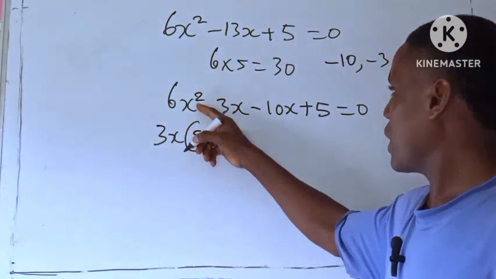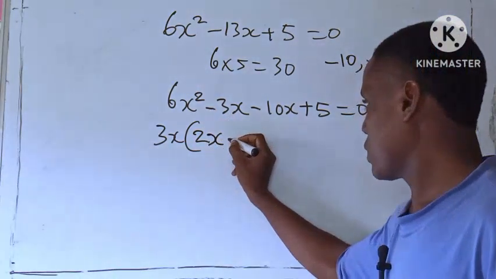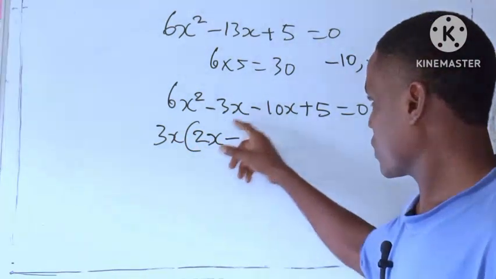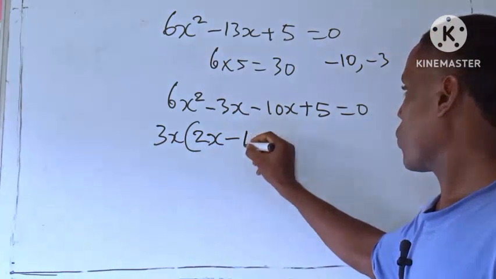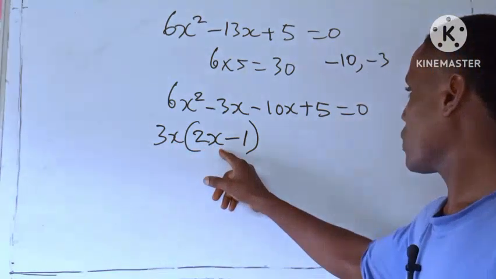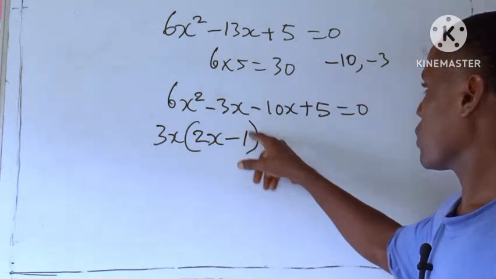Then x squared divided by x will give us remaining x. Then minus 3 divided by 3 is 1. x divided by x is 1. So what will remain here is 1. Because if you open this bracket, 3x times this will still give us 6x squared, then 3x times this will still give us 3x.